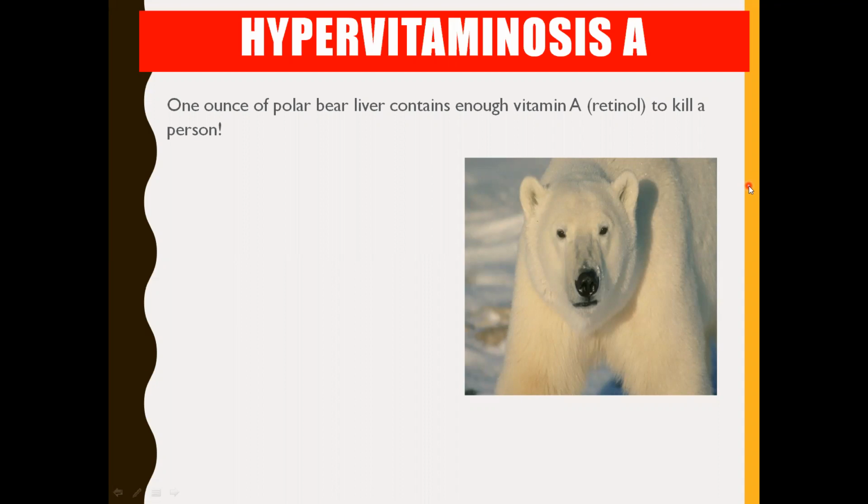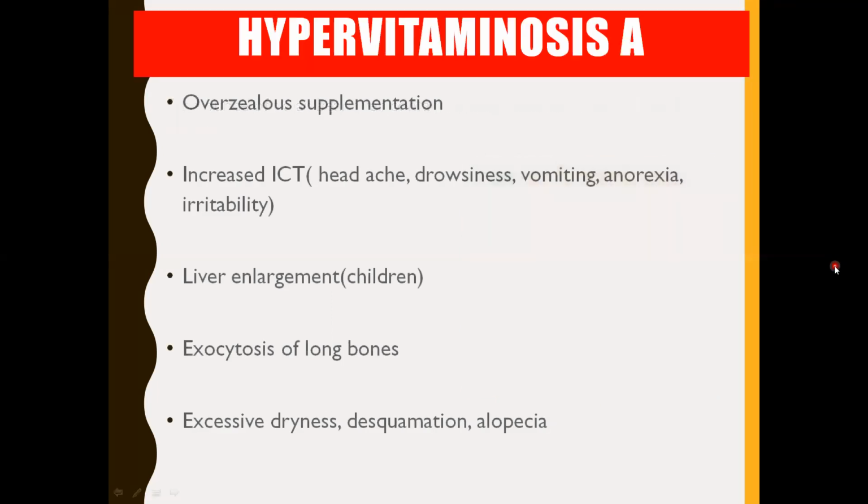He is going to suffer from hypervitaminosis A. This commonly occurs in the people living in the Arctic region who usually consume polar bear liver, which contains a rich quantity of vitamin A. In case of hypervitaminosis A, the patient suffers from symptoms of increased intracranial tension, which are headache, nausea, vomiting, diarrhea, drowsiness, anorexia, and irritability.